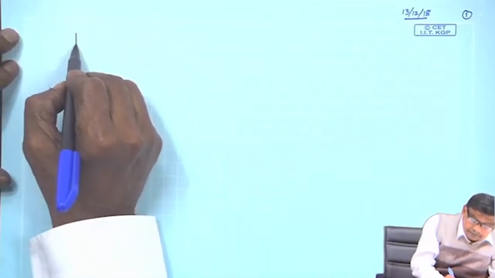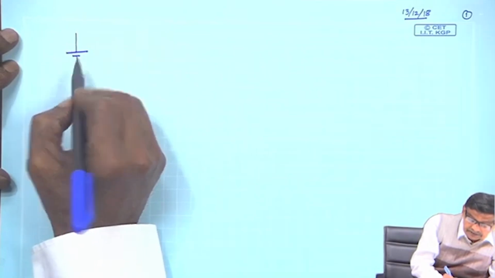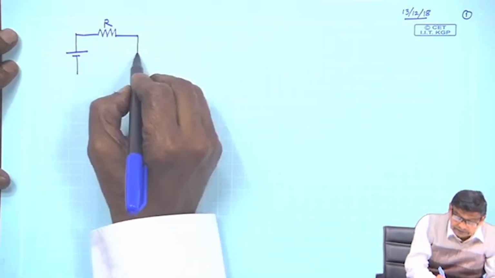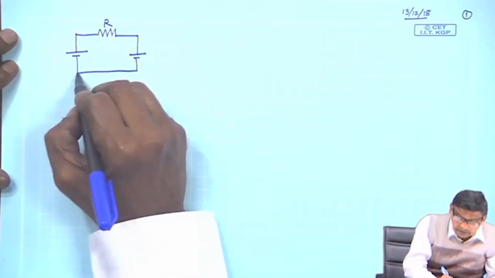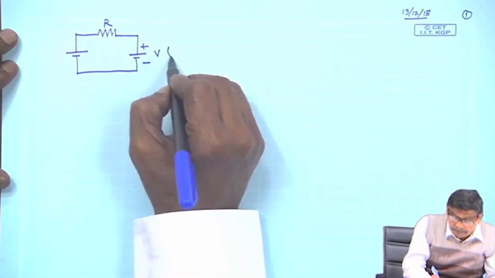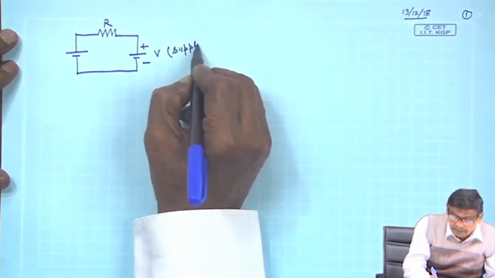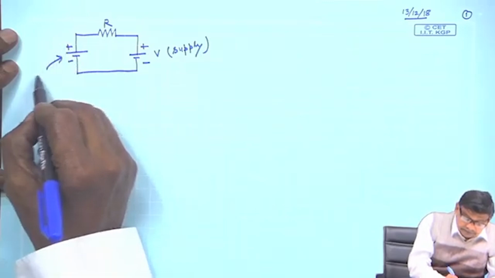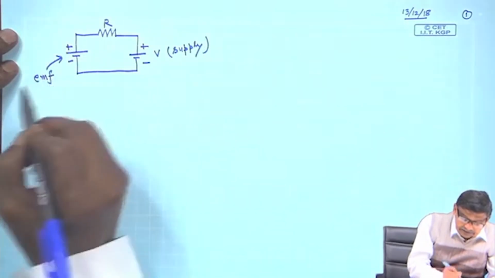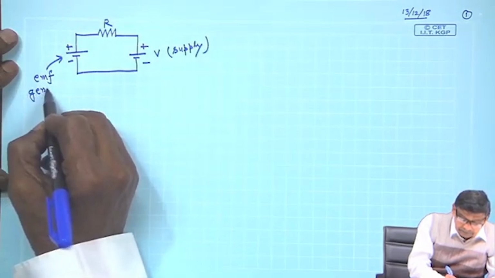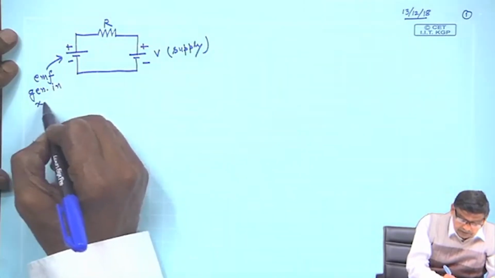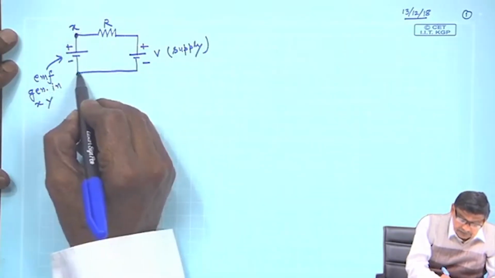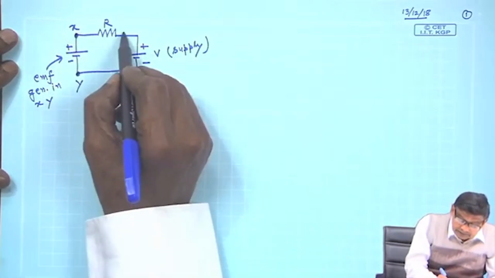Essentially the electrical circuit diagram is this: R, this is capital V, my supply voltage, mind you, V supply, and this is the EMF generated in the conductor x y, and this is your terminal x, this is your terminal y, and this is the current.